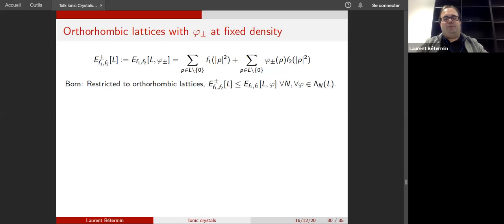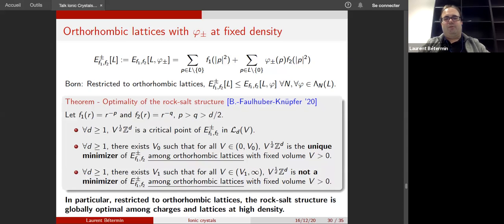So that's one of the results we obtained with Markus Faulhuber and Hans Knüpfer. I choose two inverse power laws as I explained. The first thing that we can show is that the cubic lattice of volume V is a critical point at fixed volume V of this energy for any F1, F2, actually, not only for this one.